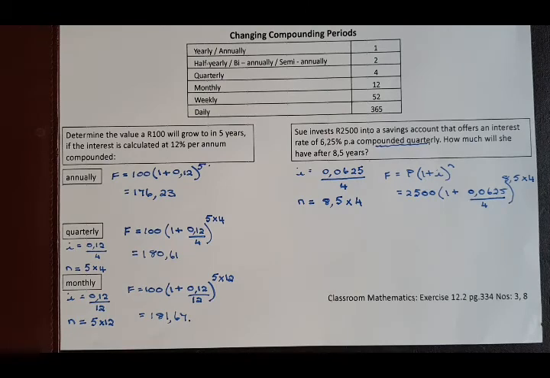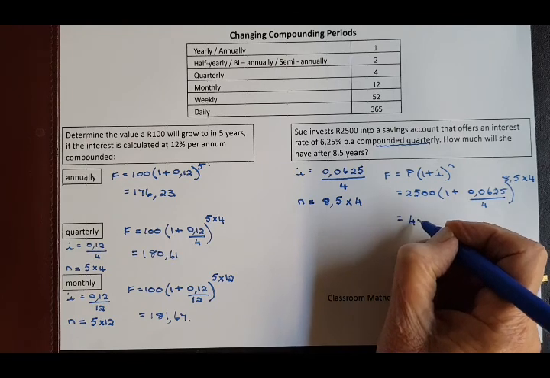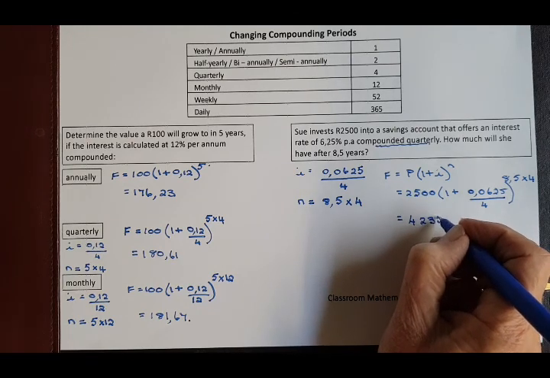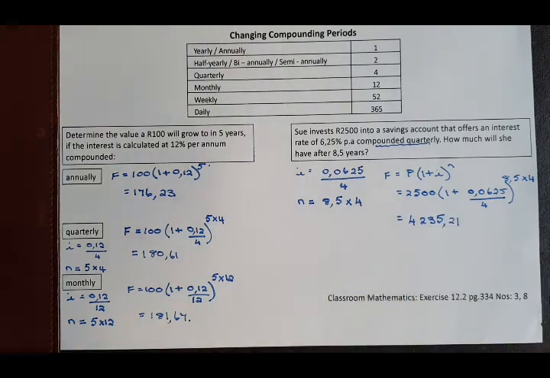When we type that into our calculator, 2,500, 1 plus 0.0625 divided by 4, all raised to the power of 8.5 times 4, we get 4,235 Rand and 21 cents.